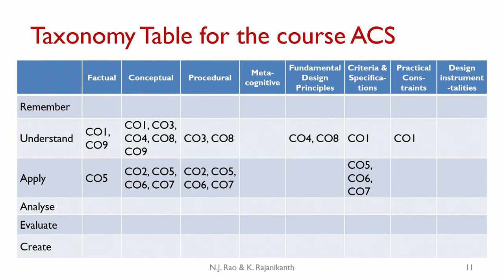Similarly, all the other COs are accordingly mapped, and now you can see how you are covering many dimensions, many knowledge categories. So depending on how many cells you are in, your instruction will correspondingly depend on that, and similarly the kind of sample test items that you are going to write will also differ.